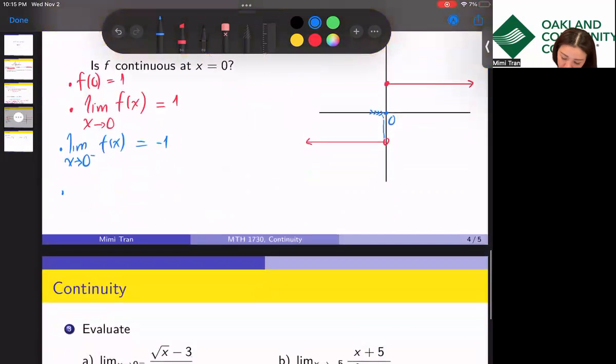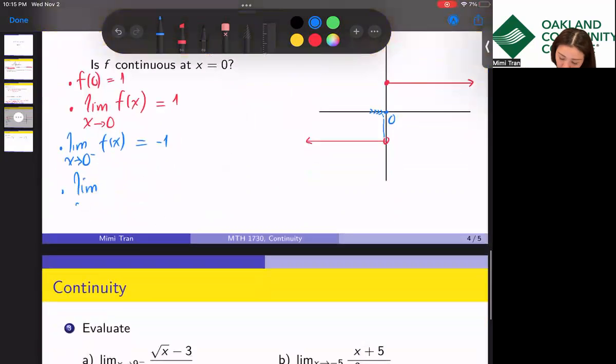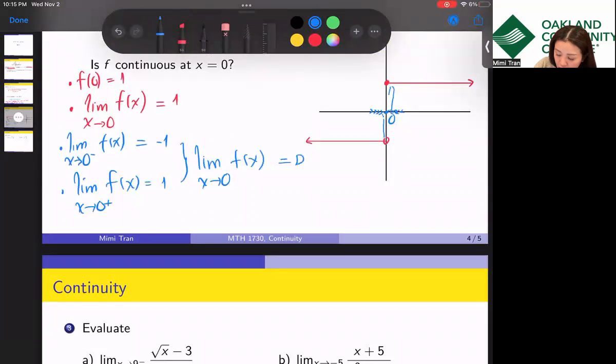If x approaches 0 from the right side, going like that, what do you see? It's equal to 1. Right? So the two limits are not equal. Therefore, the limit as x approaches 0 from both sides of f of x does not exist. They have to be equal in order to have a limit, and they're not equal.